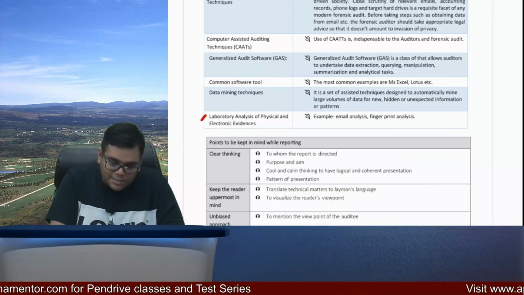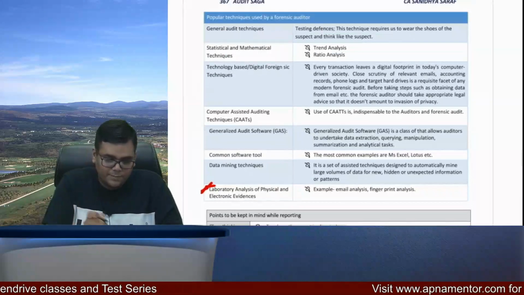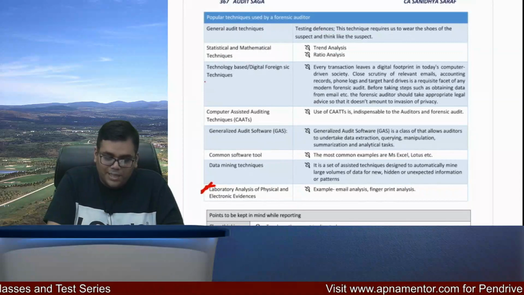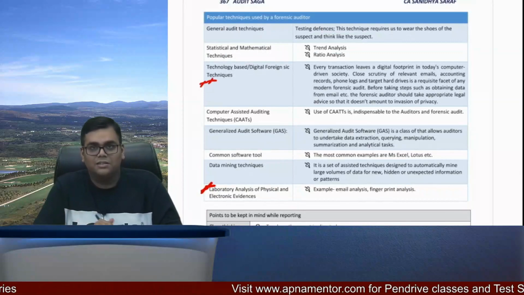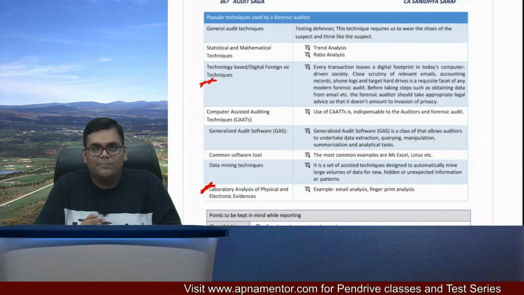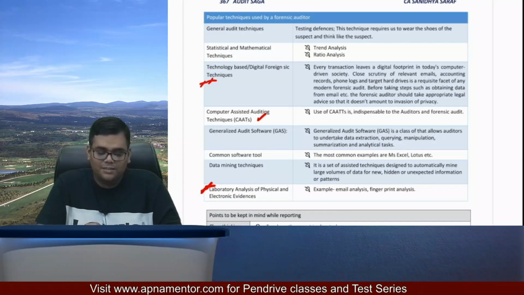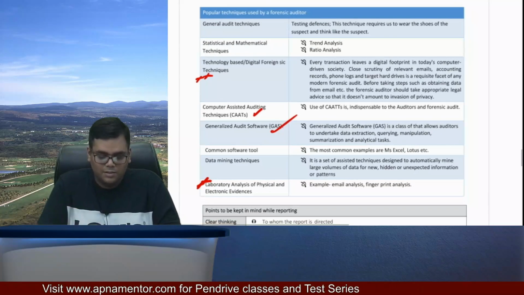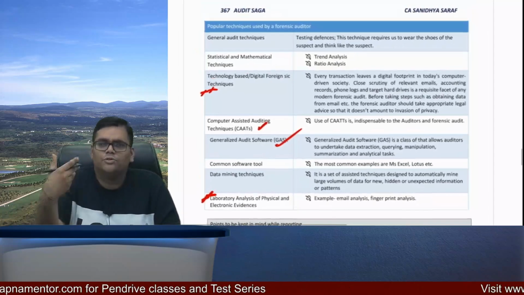So you can say this is something additional. Then we have technology based or digital forensic techniques. I can say this is something additional. Otherwise, general auditing techniques, statistical and mathematical techniques, computer assisted auditing techniques, using generalized audit softwares, MS Excel, Lotus, data mining techniques. This is something that even the statutory auditor does.